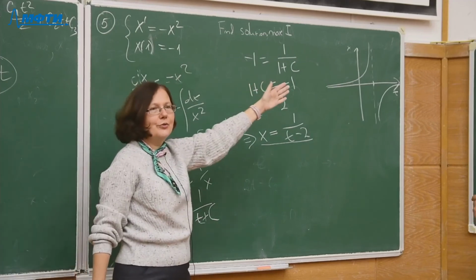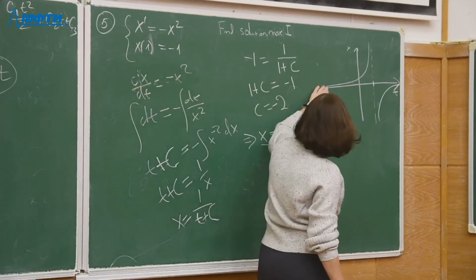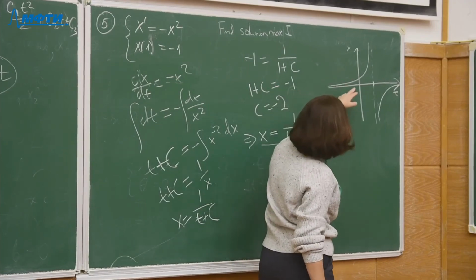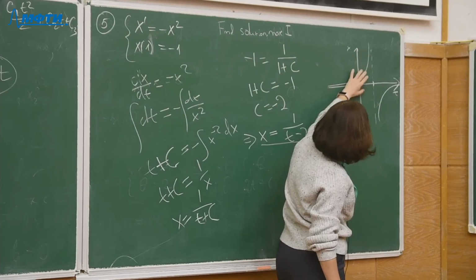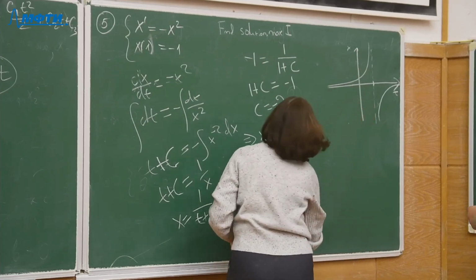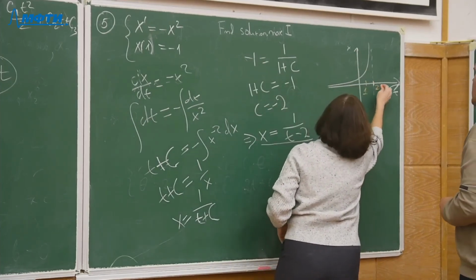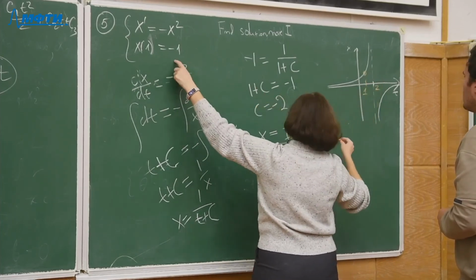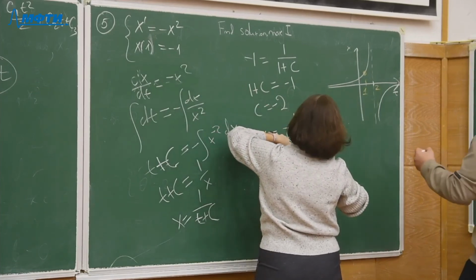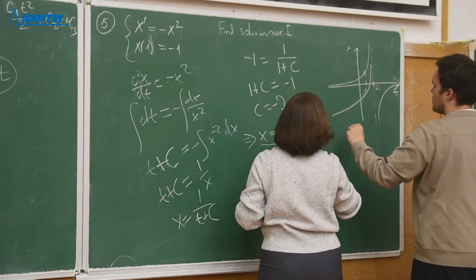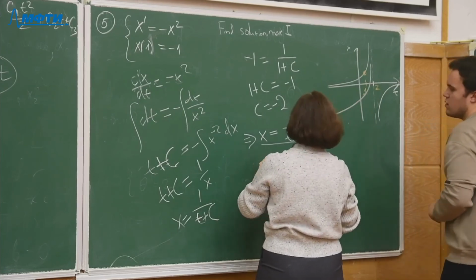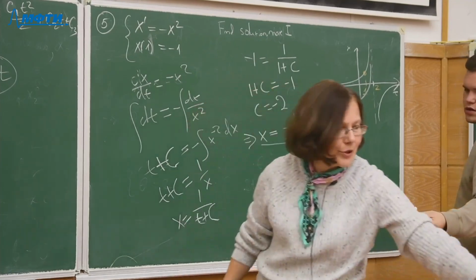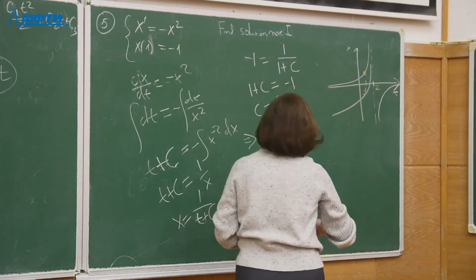So there are two branches of the hyperbola, right? And we must consider this part because we have an initial condition. The initial condition was this, so -1. We should fix this.